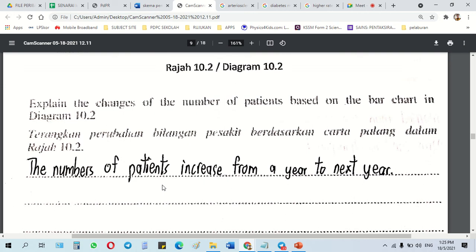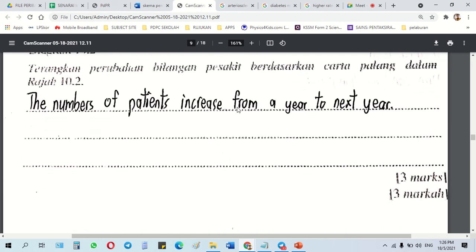Then we must say why they are less fertile. Maybe right now in our surroundings, maybe exposed to radiation pollution, or exposed to chemical substances, or exposed to high temperature, or lack of nutrients, or the habits of smoking, alcohol or drugs. So these things we will accept. If you say number of patients increase, you get only one mark. If you say because of smoking, alcohol, we will give more marks.